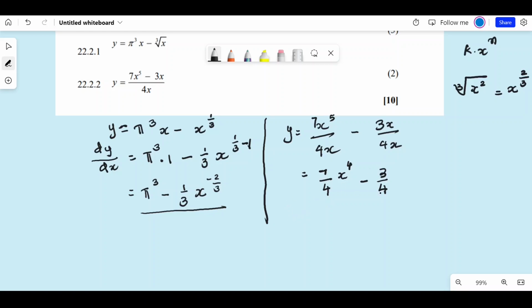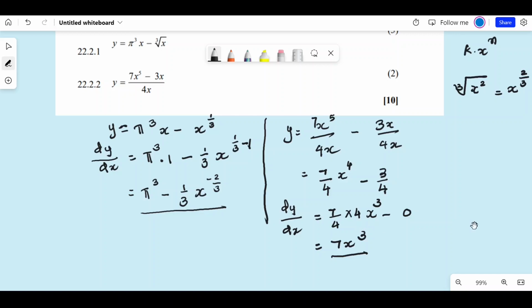Now it's ready to differentiate. So the derivative dy over dx is equal to 7 over 4 times 4 x to the power 4 minus 1, which is 3, minus the derivative of the constant, which is 0, which is equal to 7x cubed. That is the answer.